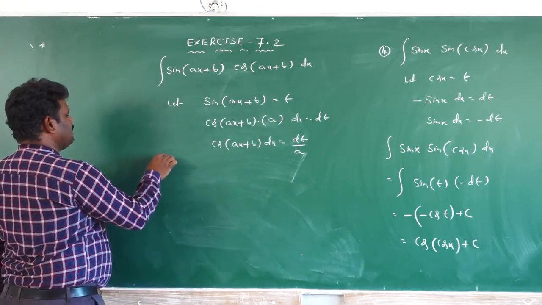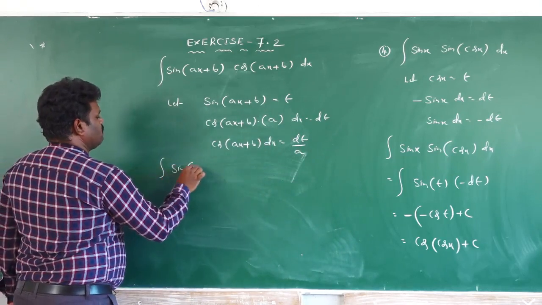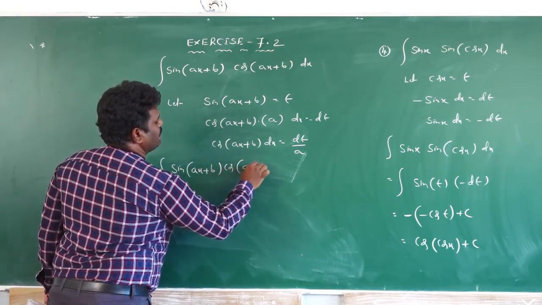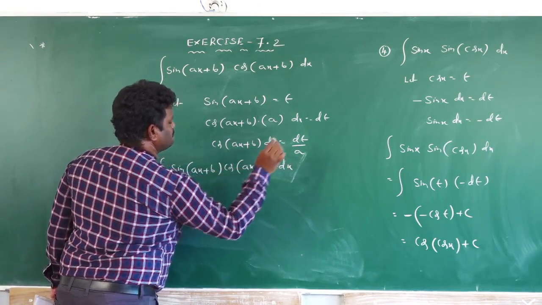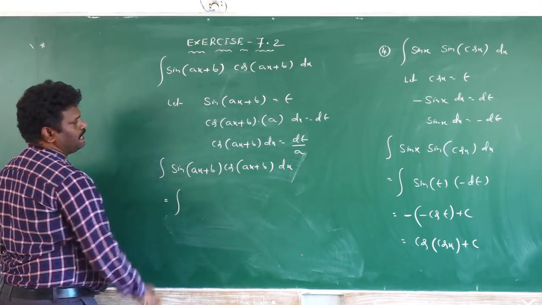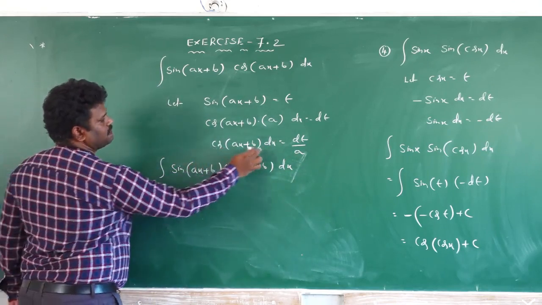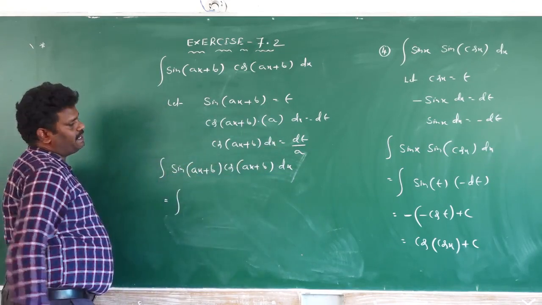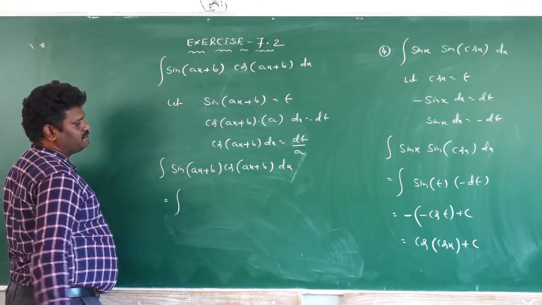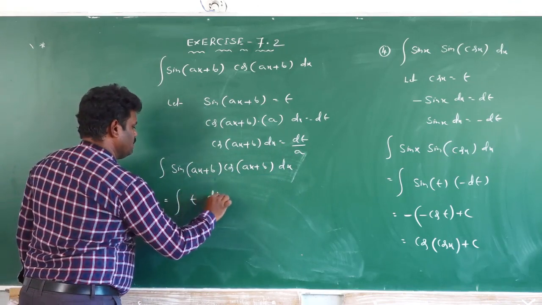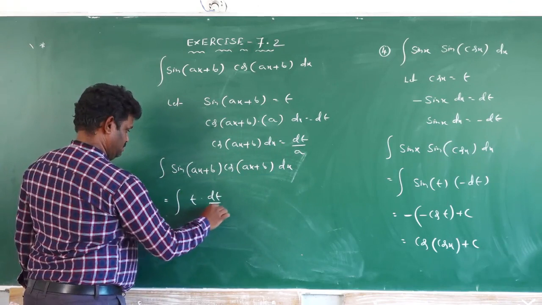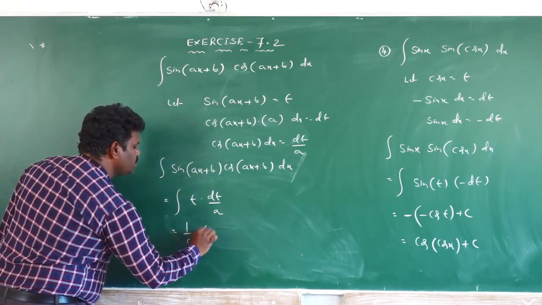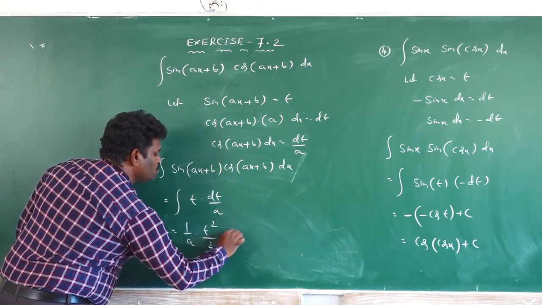In the given integral, the integral of sin of ax plus b times cos of ax plus b dx, we substitute cos of ax plus b dx equals dt by a, and sin of ax plus b equals t. So we get 1 by a, a constant, times the integral of t dt, which is t square by 2 plus c.